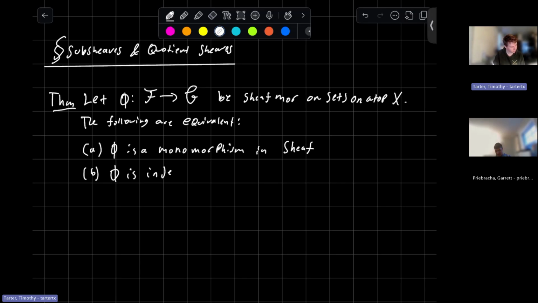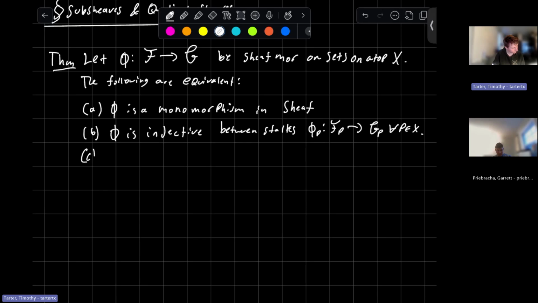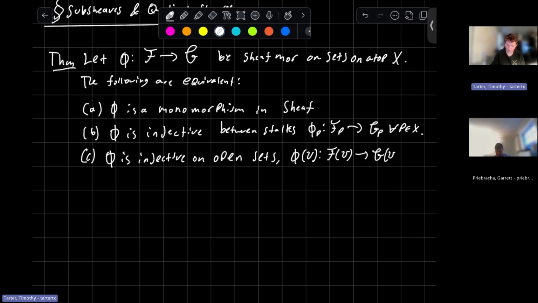Phi is injective between stalks, phi p from a stalk to a stalk for all p in X. Phi is injective on open sets, phi from sections on U to G on U for all U open in X.